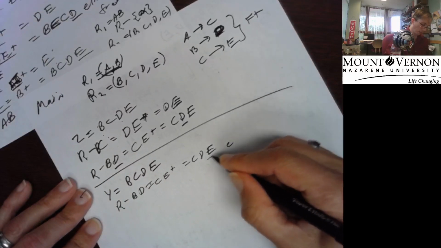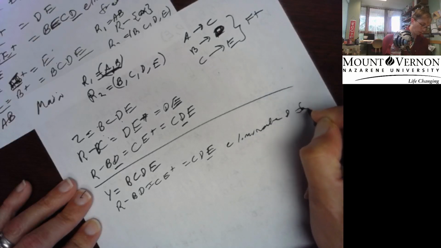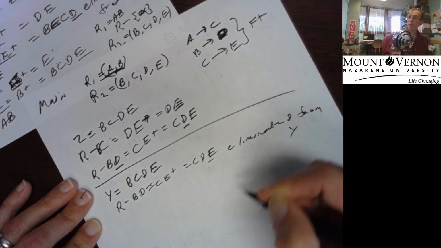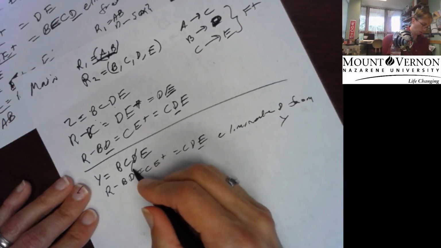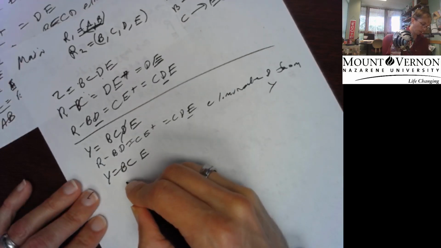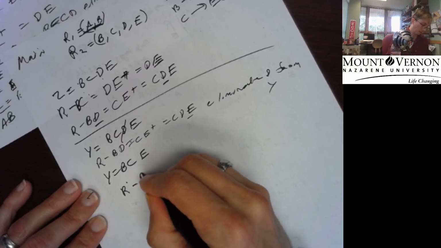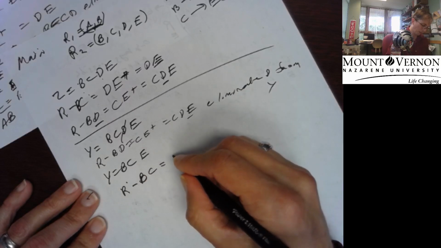And we can now eliminate D from Y. Now Y is equal to B, C, E. This will give us R minus, let's try that. That gives us E.